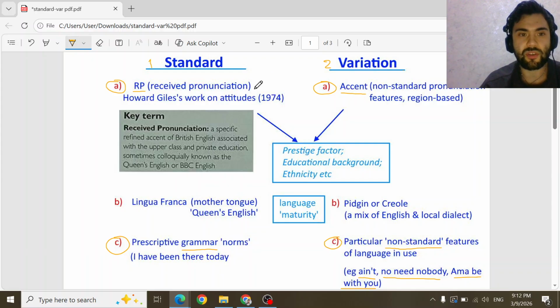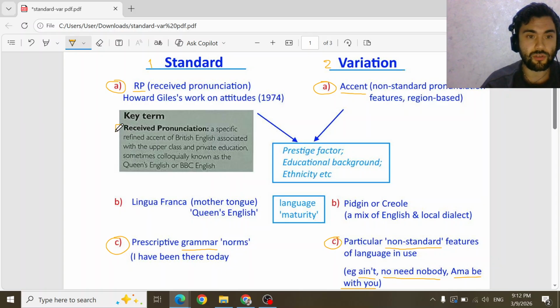So historically speaking, received pronunciation is something which is related to education and upper class. I believe now we can use this term as the abstract standard of pronouncing words absolutely correctly, as the transcription prescribes us in the dictionary.